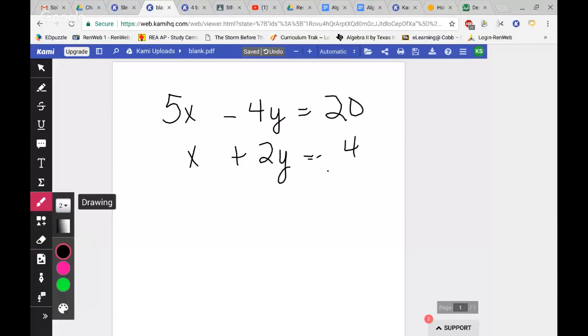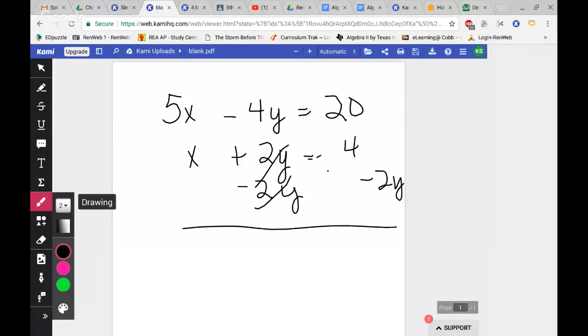Okay, so what I would do in this case, Lily, is I see an x that's all by itself. So that I'm not having to divide or anything, what I want to do is just get that x all by itself so that I can see what, quote unquote, x equals. So in order to do that, I would subtract 2y from both sides. Okay.